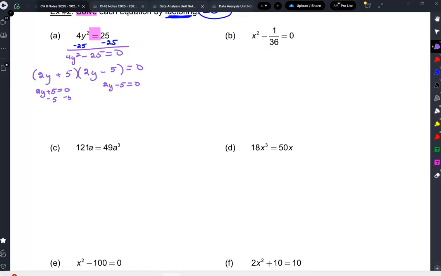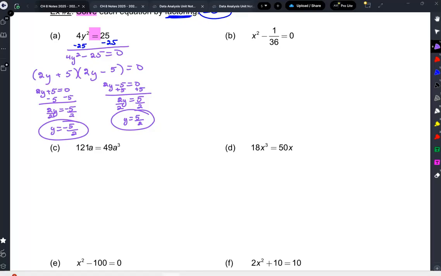Subtract 5. Divide by 2. Okay? Here I add 5. Divide by 2. Okay?